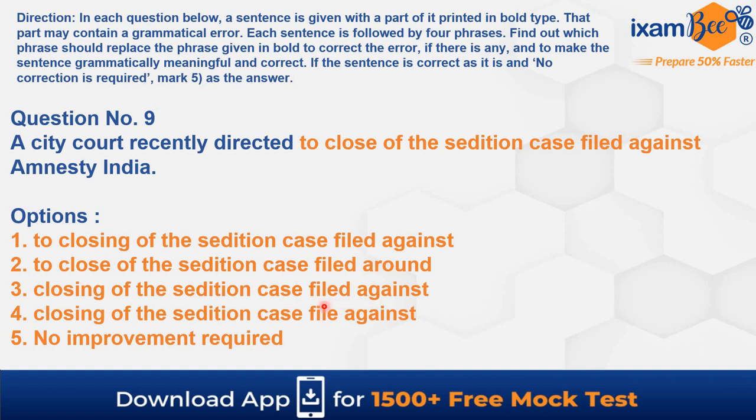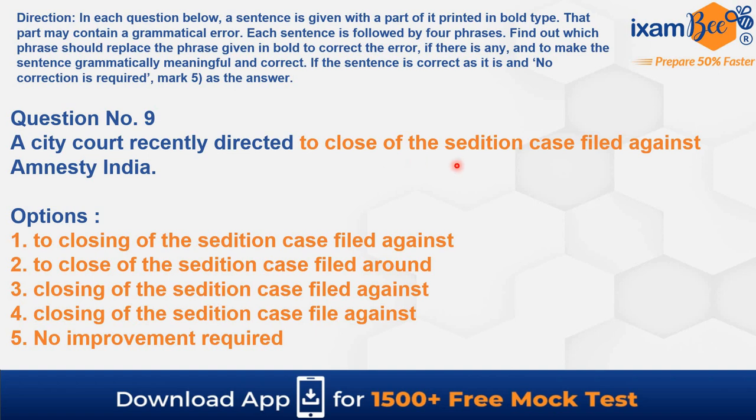Okay. So closing of the sedition case, right? Filed against Amnesty India. So your third would be correct here, right? So city court recently directed to close the sedition case filed against Amnesty India.